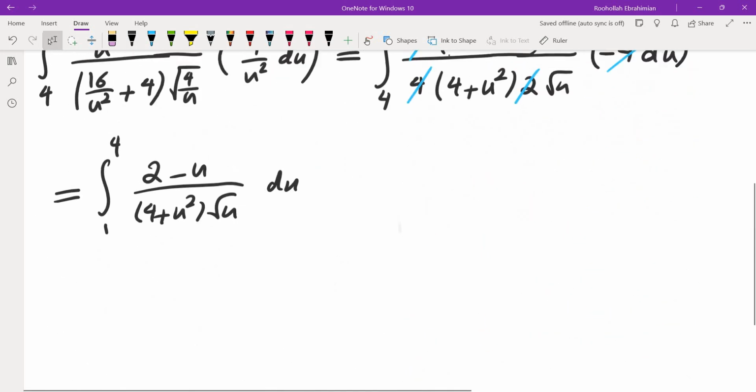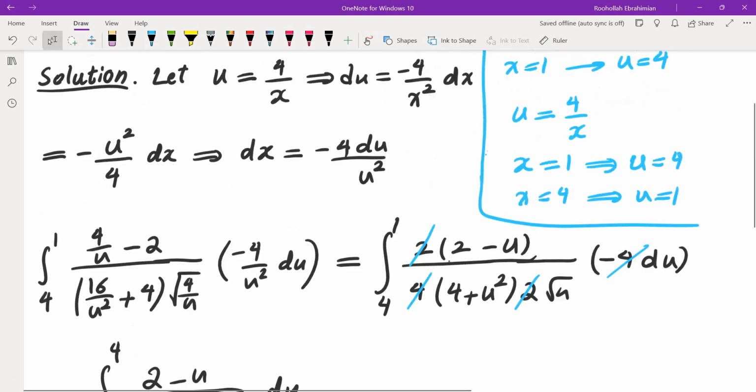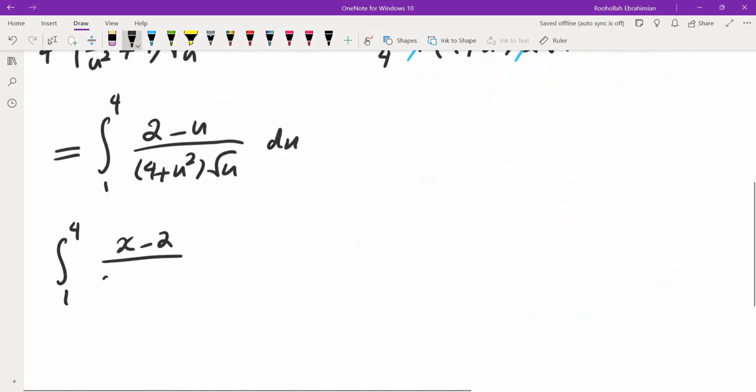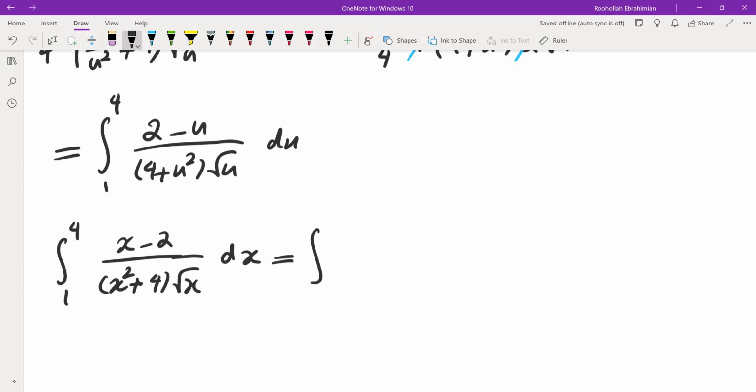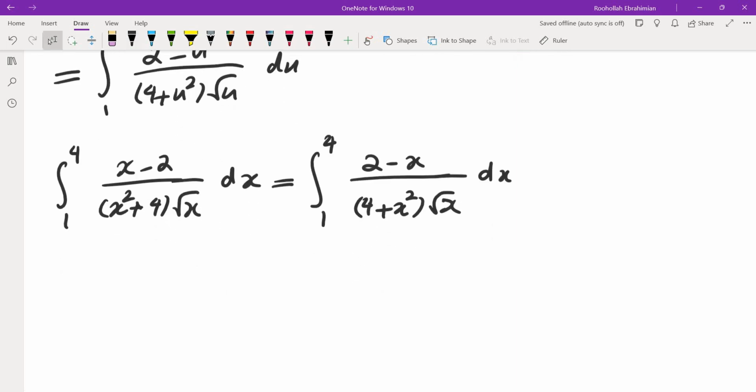If you think about what we showed, the integral from 1 to 4 of x minus 2 over x squared plus 4 root x dx is equal to, I'm going to change u back to x just so that these two look the same. These two are negative of each other.